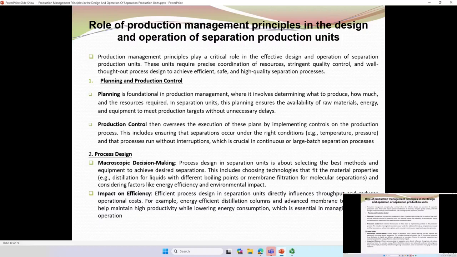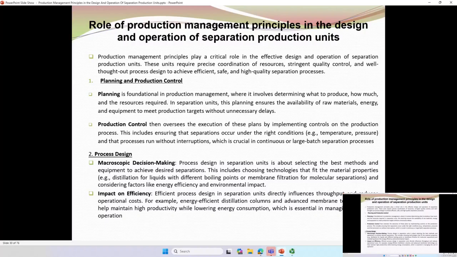And that is the reason why the management of separation unit is very, very important in separation process. So we need to manage our production, we want to apply production management principle in the design and also in the operation of separation units.